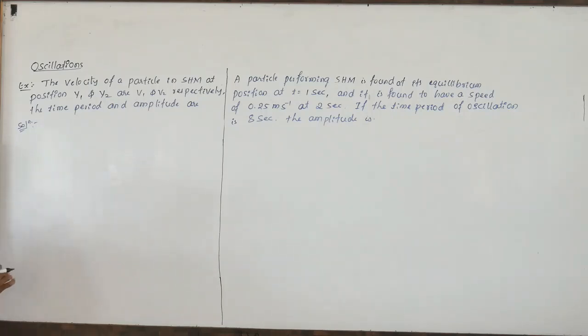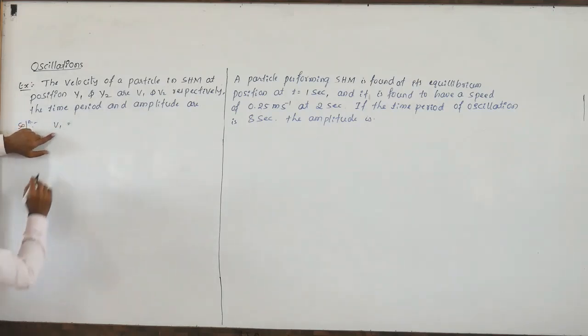First, write the equations. v1 is the velocity, okay? Because the amplitude and time period are the same here. First thing, we have to write the two velocities of the particles. The first one is the velocity of the first particle, call it v1. That v1 is equal to what?